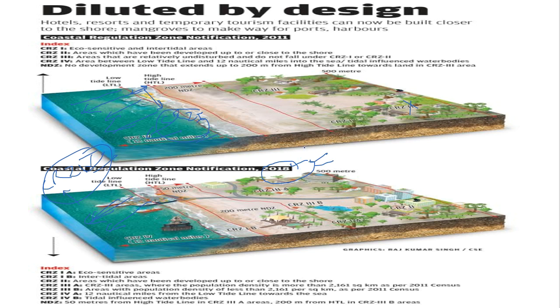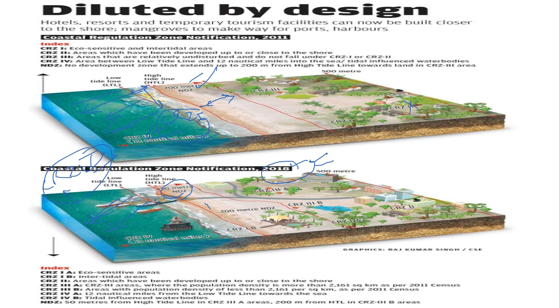For example, the no development zone has been modified for CRZ3. Earlier, the no development zone was 200 meters wide from the high tide line. Now this no development zone has been reduced from 200 meters to 50 meters. And this modification is not uniform. Earlier, between CRZ3 and the high tide line it was 200 meters, but now CRZ3 has been divided into CRZ3A and CRZ3B.